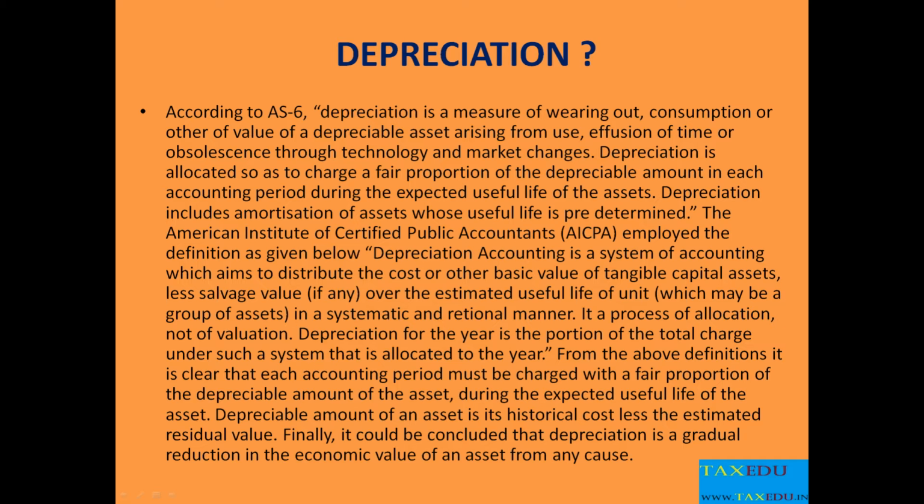Depreciation is allocated so as to charge a fair proportion of the depreciable amount in each accounting period during the expected useful life of the asset. Depreciation includes amortization of assets whose useful life is predetermined.